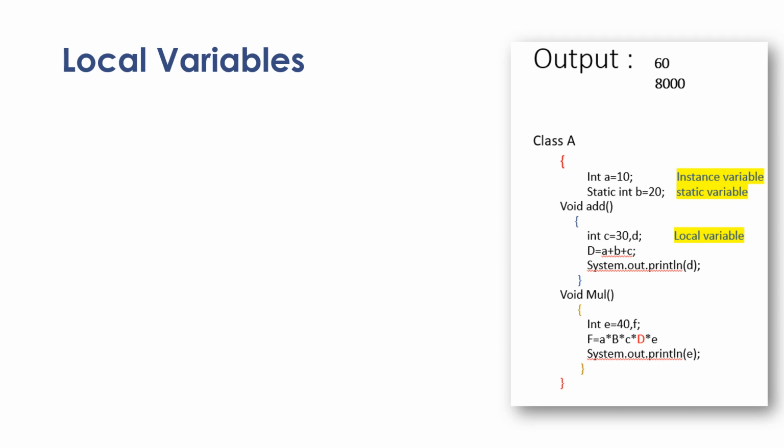Cross, in the sense, means multiplication. If we give this, it won't take the d value. Why? Because d is inside the other method, so it cannot be taken into this method. So here it will throw an error.